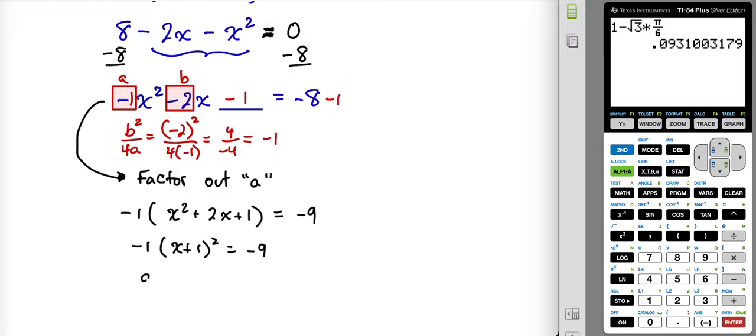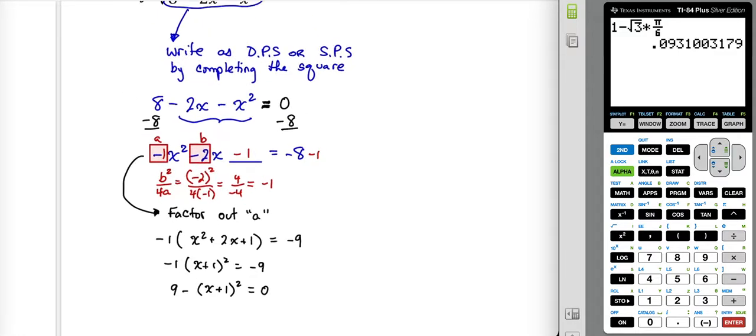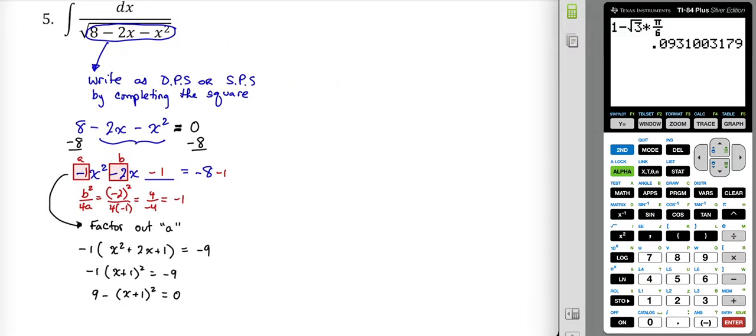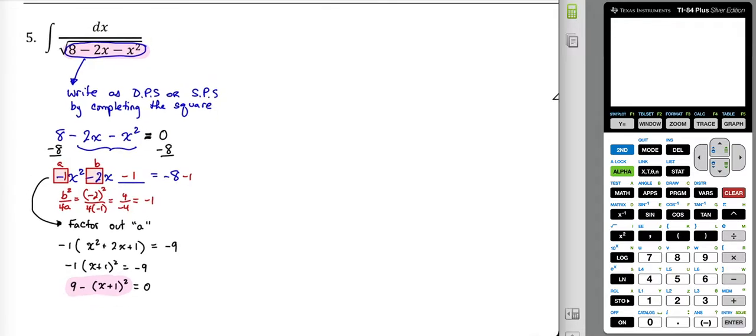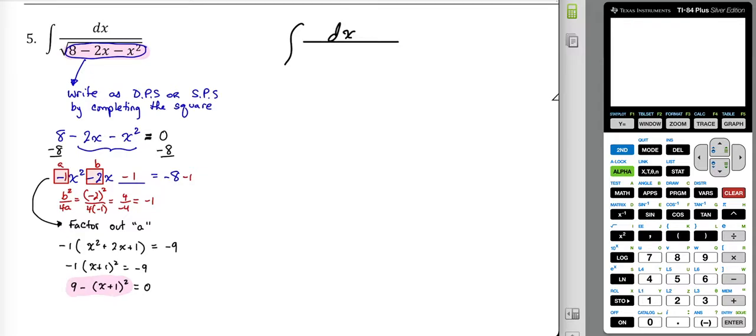Bring the 9 back, we have 9 minus x plus 1 squared equals 0, and we can now use this to replace that trinomial. Now I can replace the radicand. I got my dx. Can replace the radicand with a 9 minus x plus 1 squared.